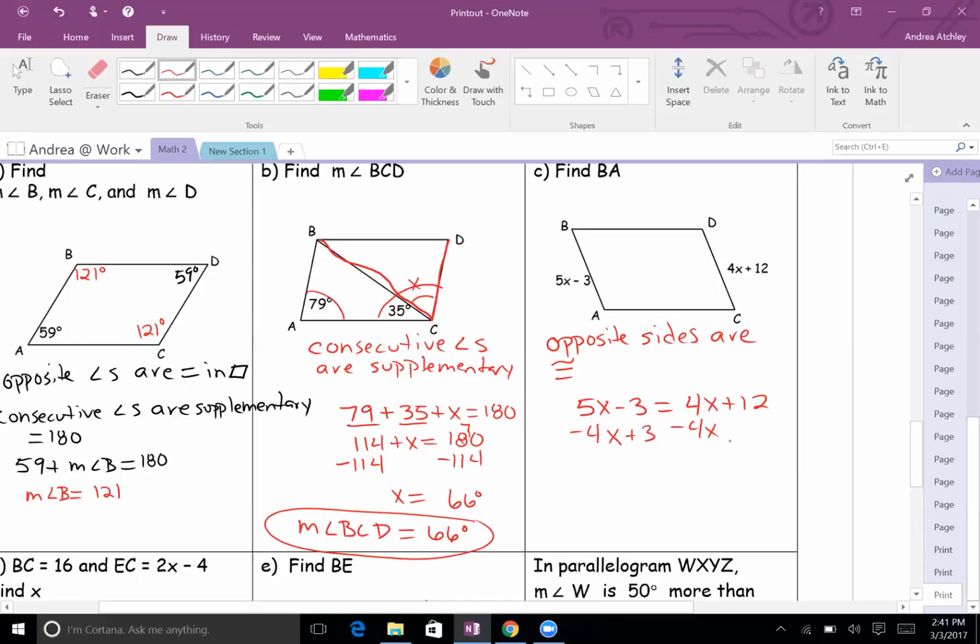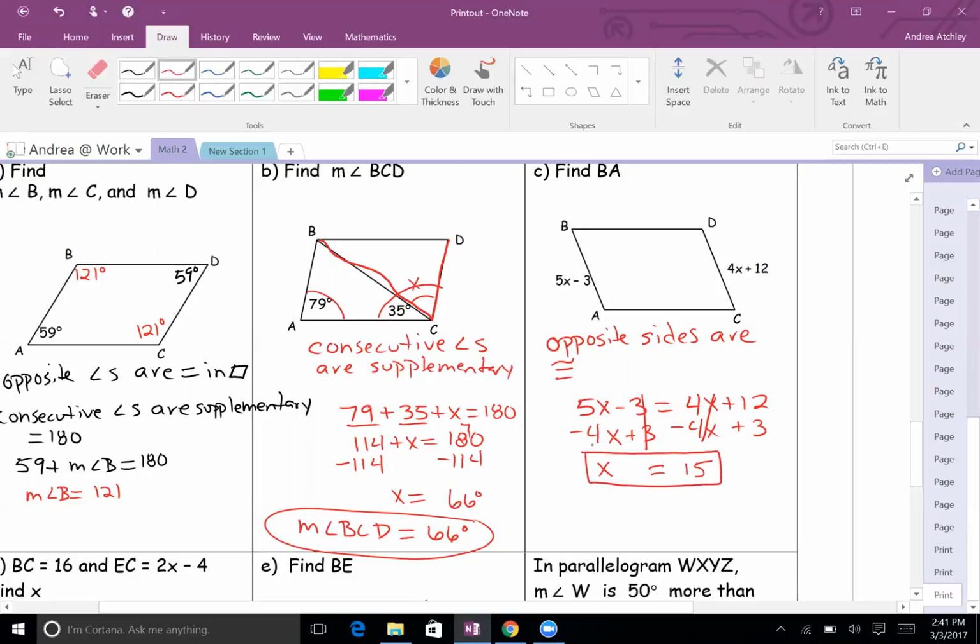Add the 3. Okay, 5x minus 4x, we just said. Negative 3 and positive 3 cancel out. 4x and negative 4x cancel out. And 12 plus 3 is 15. So that is my x.